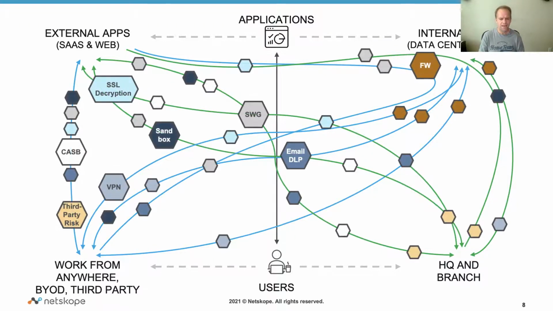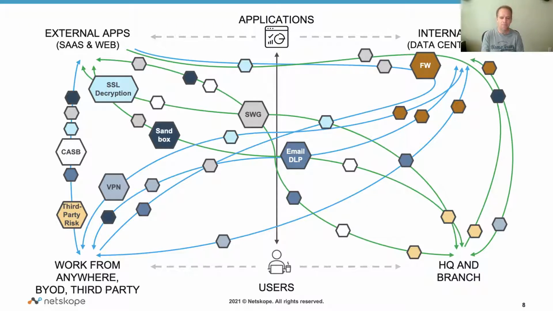So if you think about it, what's happened organically over the past several years, organizations have deployed point solutions and point products to try to solve these different problems. Put a VPN here to provide remote access to private app resources or network resources.